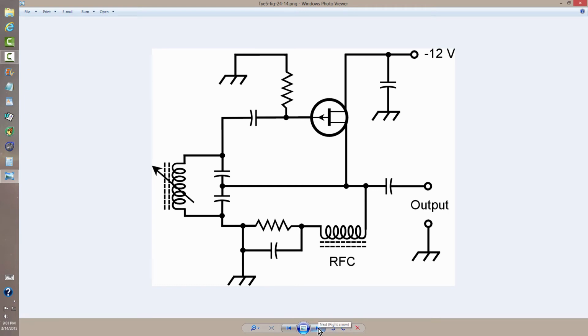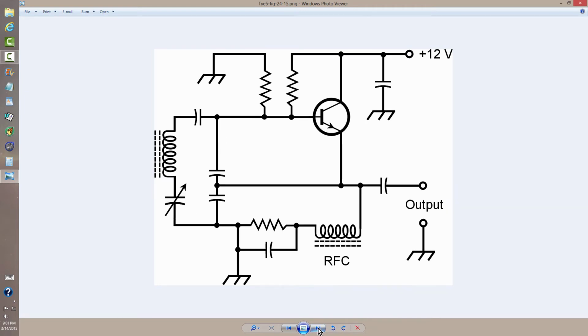Now, if you don't like tuning a variable inductor, you can use a variable capacitor instead in a variation of the Colpitts circuit known as a series-tuned Colpitts. In this particular device, you determine the frequency by adjusting the variable capacitor here. And again, in this device now we have an NPN bipolar transistor.